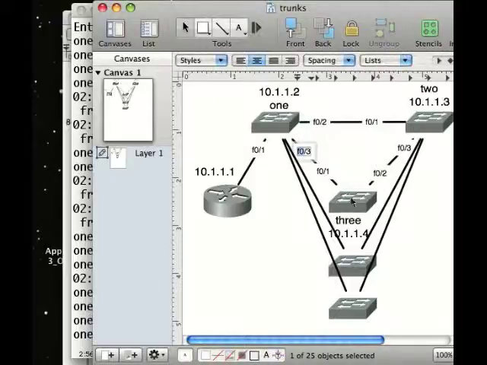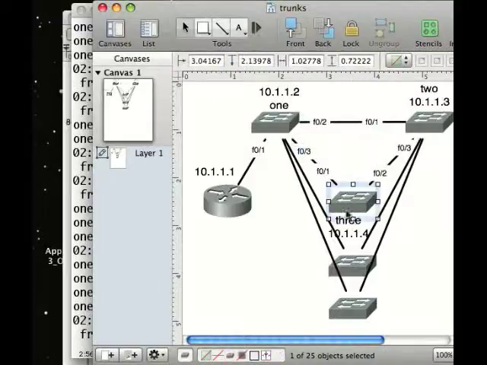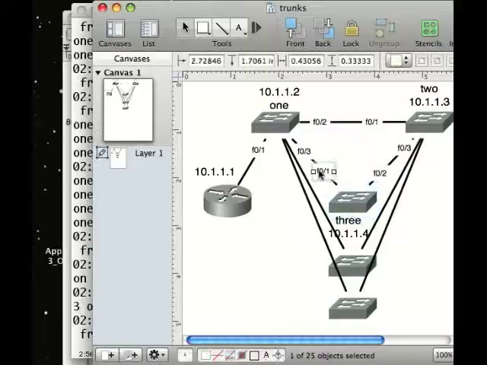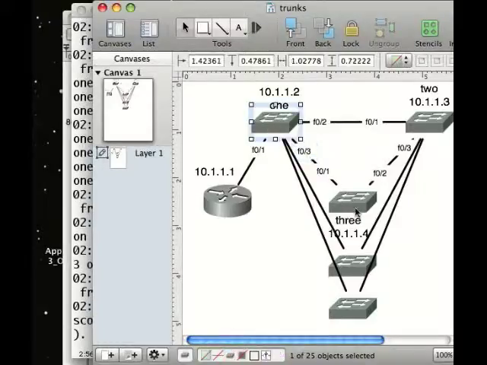But on switch 3, Fast Ethernet 0/1 is a trunk with the native VLAN of VLAN 1. So what that means is that traffic on VLAN 1 from switch 3 will not be encapsulated, and traffic on VLAN 2 in switch 1 will not be encapsulated. So VLAN 2 on switch 1 is going to talk to VLAN 1 on switch 3.